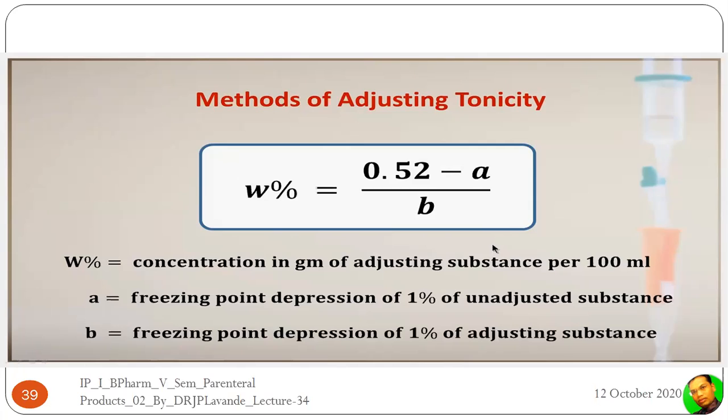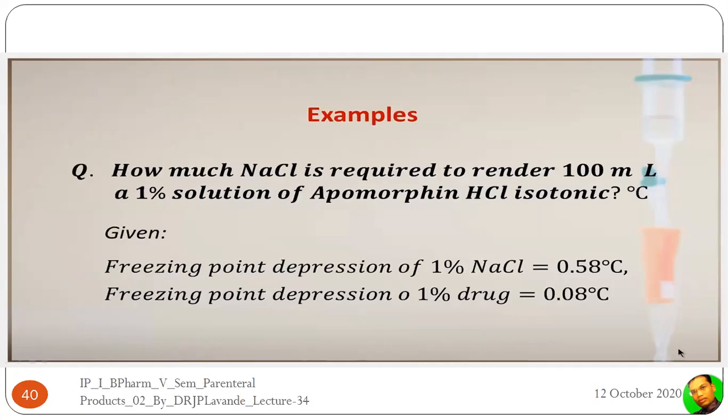Now 0.52 is the freezing point depression of blood plasma and tears, so it has to be taken. Now in this we have to put the values.